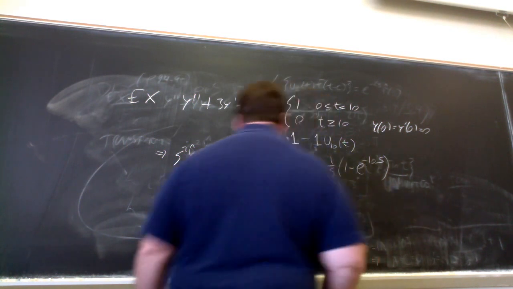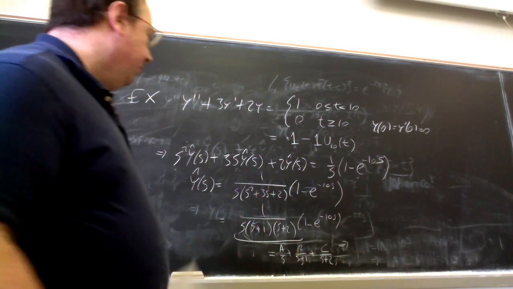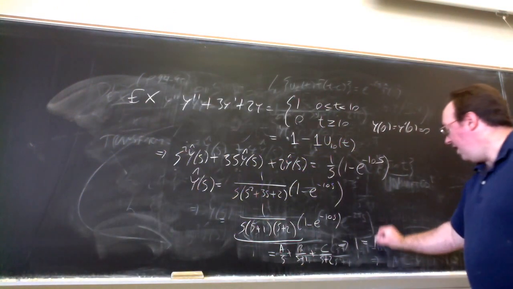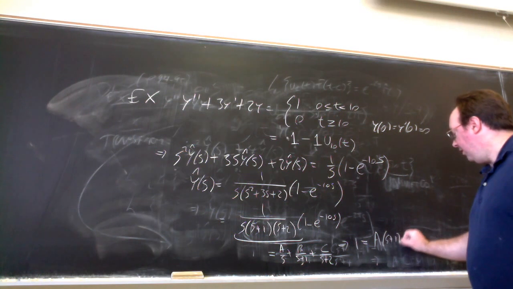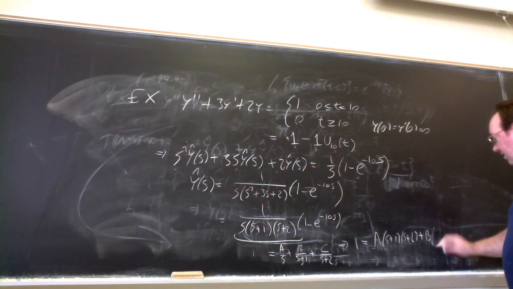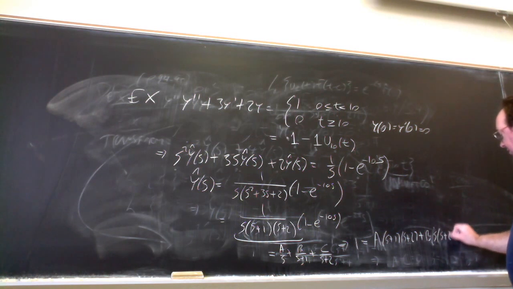So now as you multiply both sides by the denominator, you get 1 is equal to A, s plus 1, s plus 2, plus B, s plus 2, plus C, s plus 1.